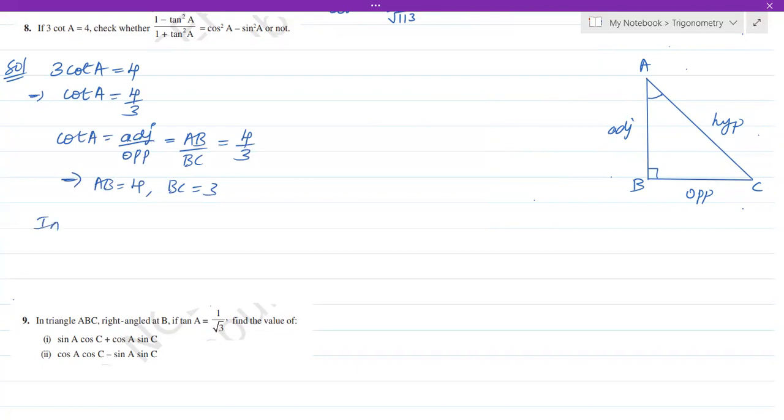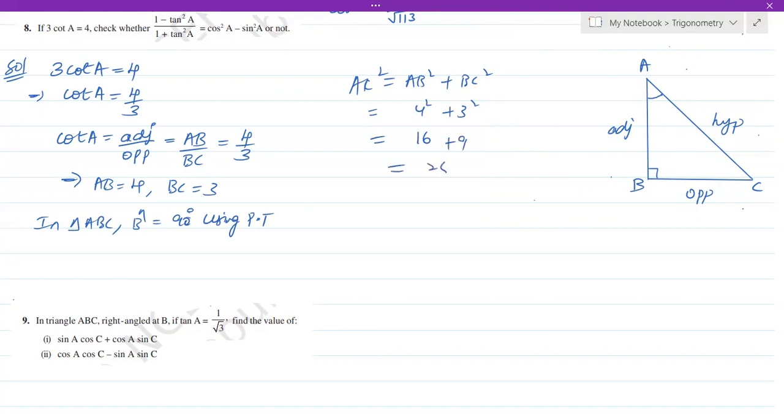So let me directly do it. In triangle ABC, angle B is 90 degree. Therefore, if we use Pythagoras theorem, it's very simple. So AC value will get it as 5. AC square will be equal to AB square plus BC square, isn't it? So AB is 4 square, BC is 3 square, 4 square is 16, 3 square is 9, 16 plus 9 is 25.